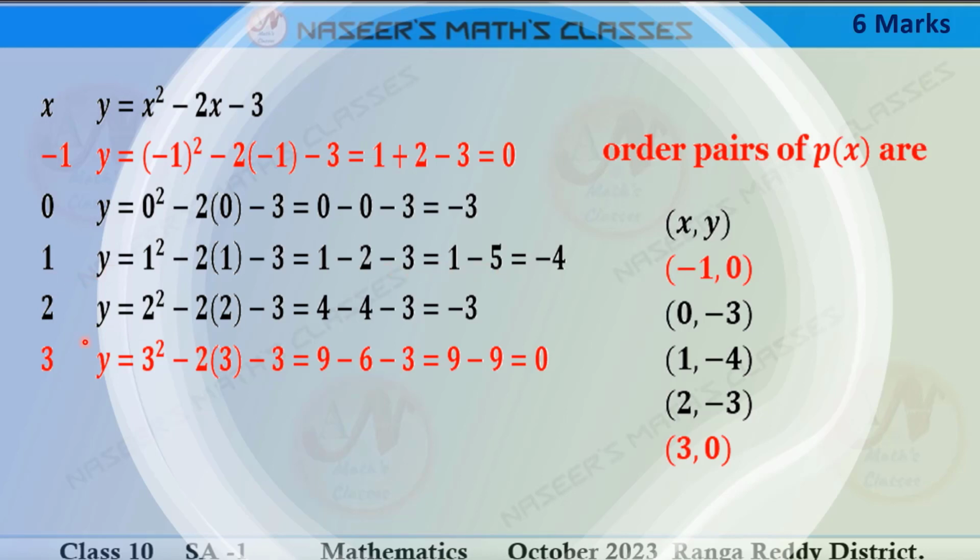Similarly, if we take x is equal to 2, then we get y is equal to minus 3, and if we take x is equal to 3, then we get y is equal to 0. Then the required ordered pairs to draw the graph are minus 1 comma 0, 0 comma minus 3, 1 comma minus 4, 2 comma minus 3 and 3 comma 0.